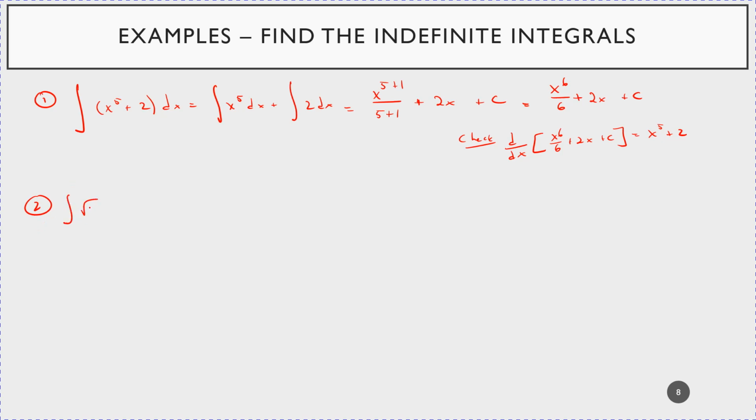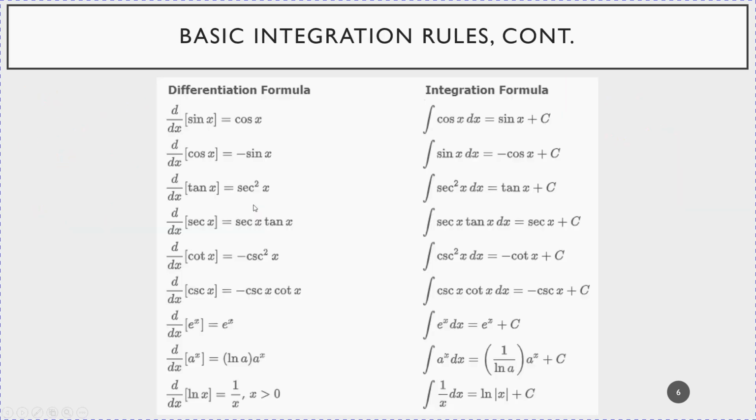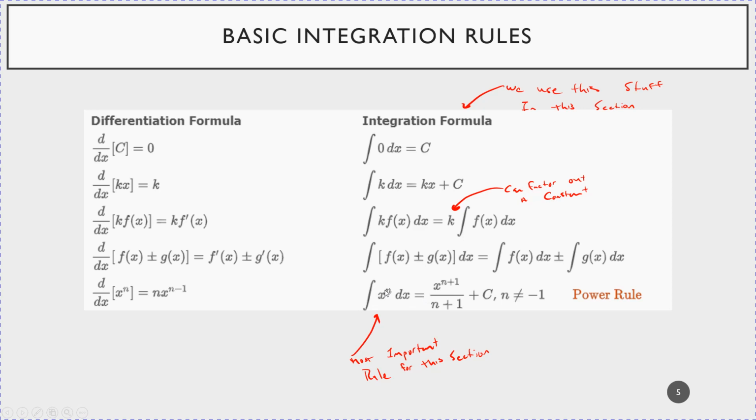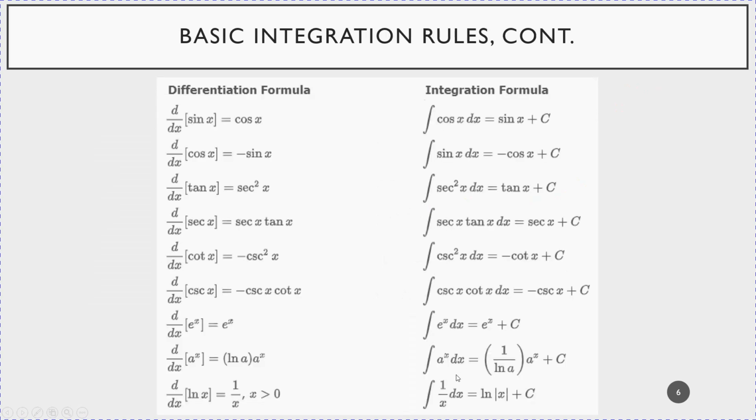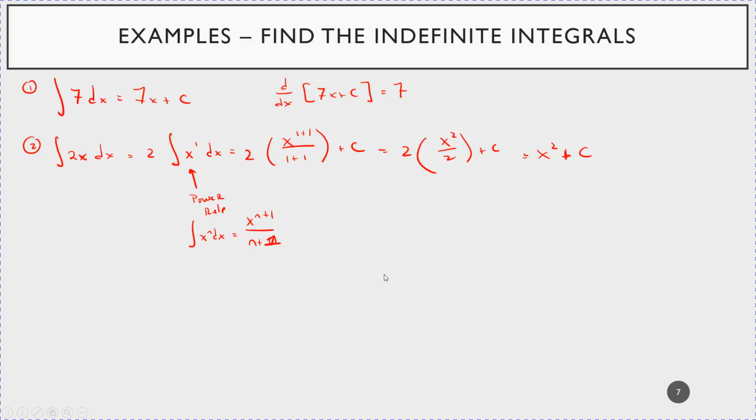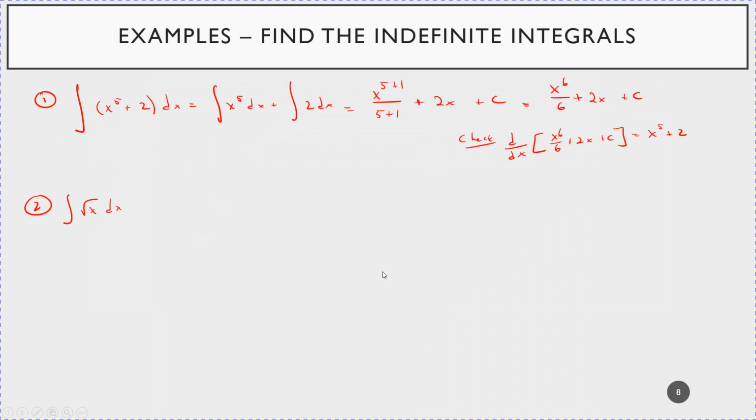Let's integrate the square root of x dx. All right, well, you might look at this and you might say, okay, well, let me go back and look at all my rules. You know, I don't see a rule for integral with the square root of x, so maybe I can't solve it. But look, what you're going to do is you're going to rewrite it.